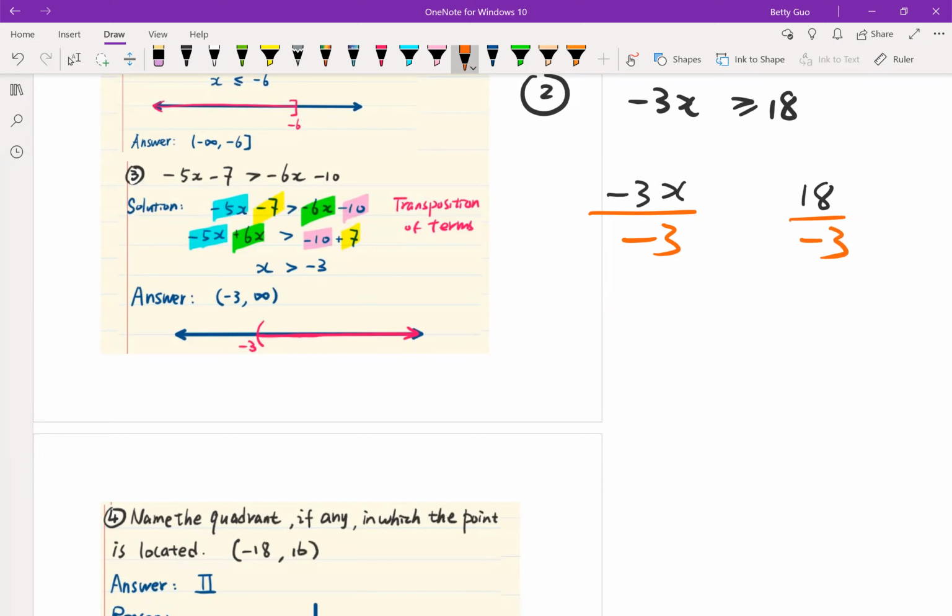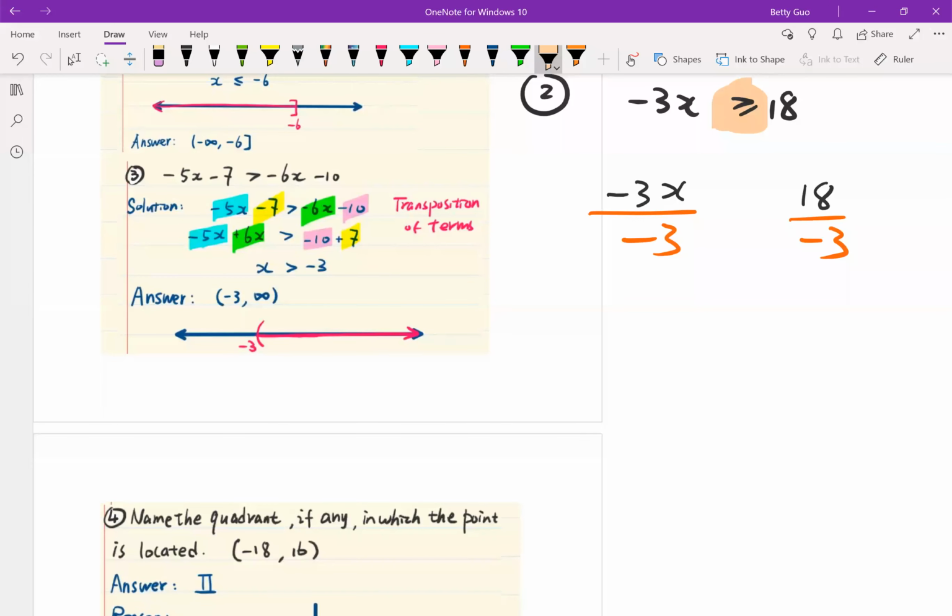If we divide each side of this inequality by -3, do we need to do something to the inequality symbol? It is bigger than or equal to. Is there anything important we need to do here?